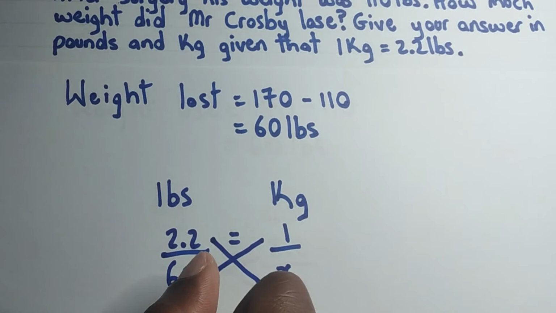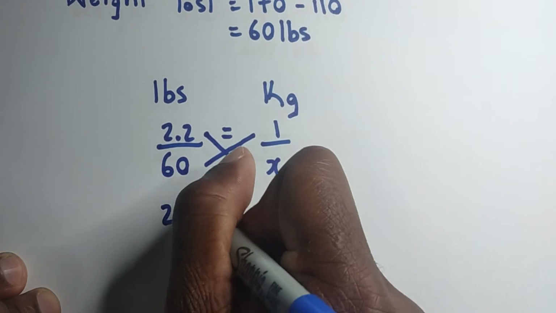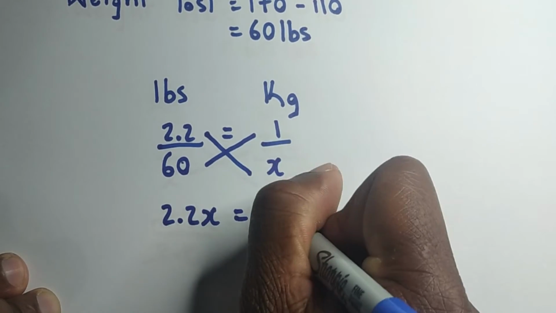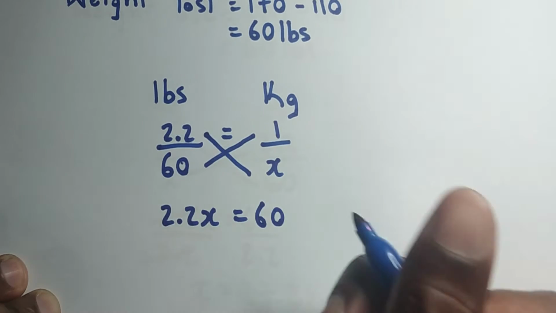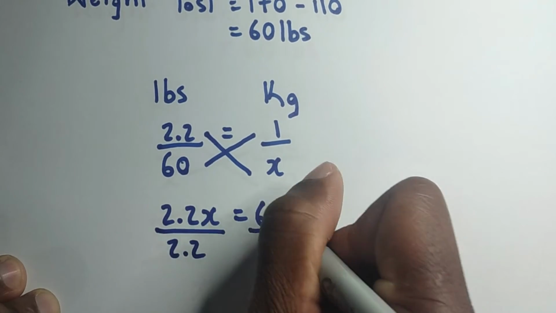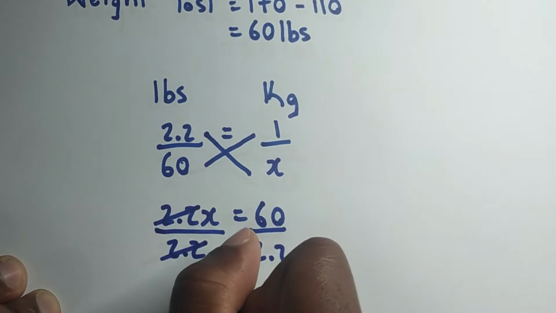All right, so this will give me what? 2.2 times x, that's 2.2x, is equal to 1 times 60. That's 60. And now we can divide both sides by 2.2. All right. So 2.2 cancels 2.2 there.